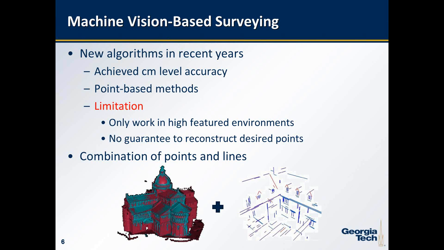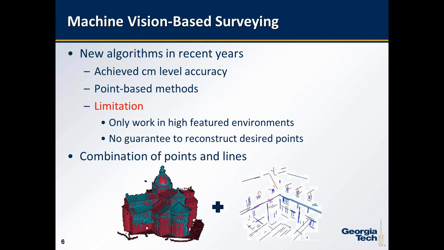But nowadays, many researchers are considering the combination of points, which I mentioned, and also lines. Lines are another kind of visual feature that can be found in different views from man-made environments.